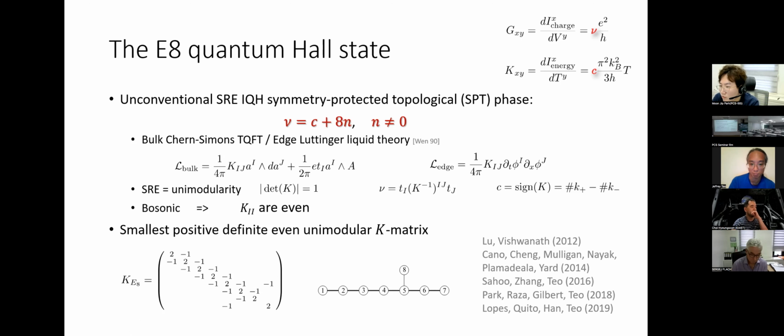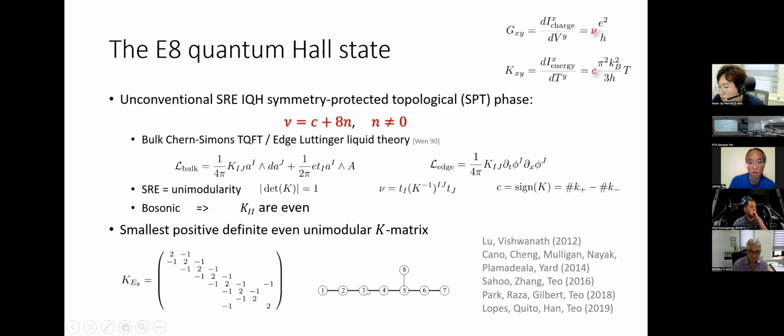So E8 is the biggest exceptional Lie algebra, and its Cartan matrix is the smallest positive definite even unimodular K matrix one can find. So one can also compactify this notation by looking at the Dynkin diagrams.